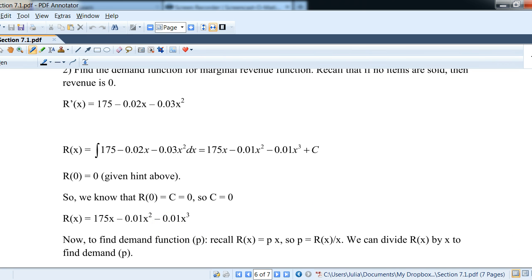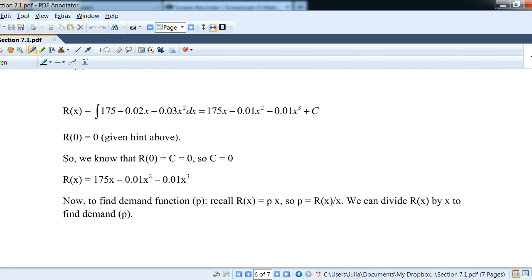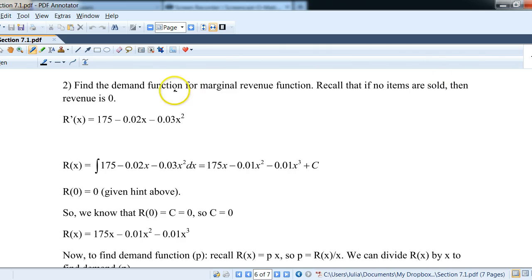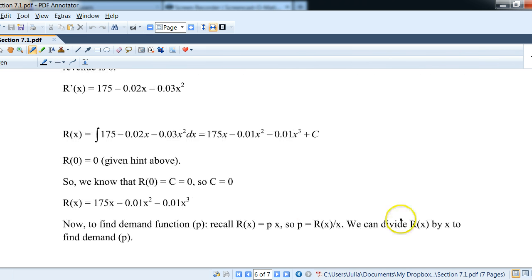And you can find the demand function. So this is sort of working the opposite. I believe normally before we had the demand function and we had to find the marginal revenue. So we had to build the revenue and so on. This is a backwards equation. We had the marginal revenue. How do we find the demand function? Well, once you find the actual revenue equation, the demand is R of x equals P times x.